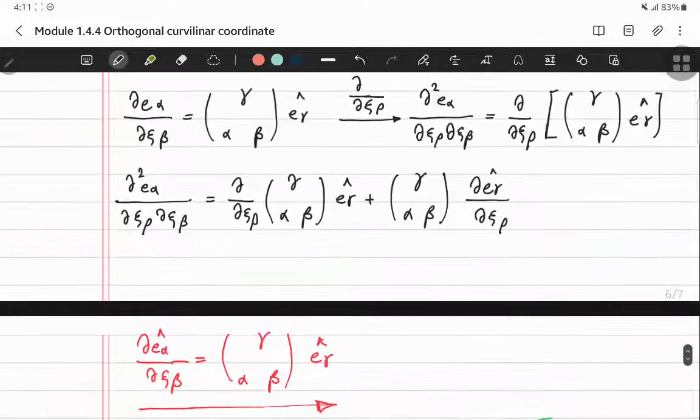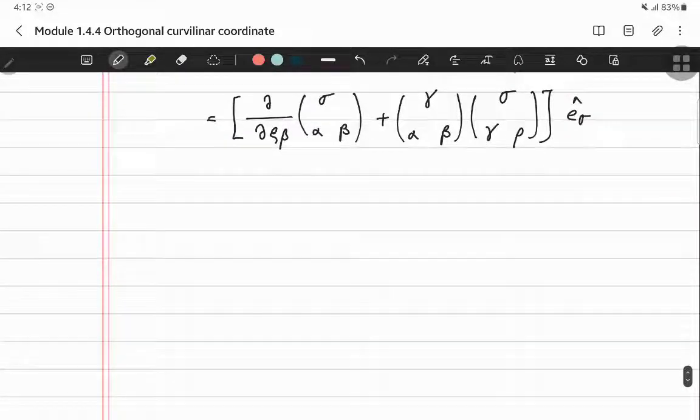Next, since we started from here, where we differentiate with respect to first rho and then beta, now we swap the differentiation order. We first differentiate with respect to beta and then with respect to rho.